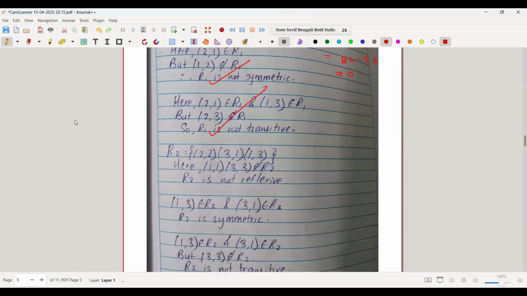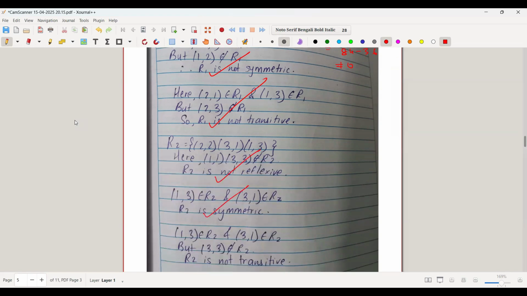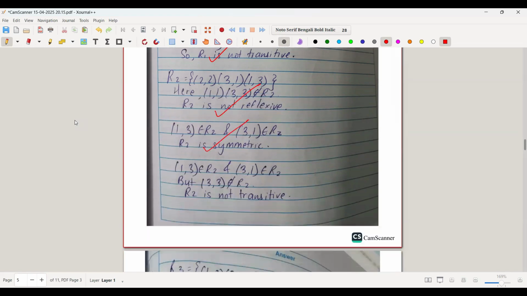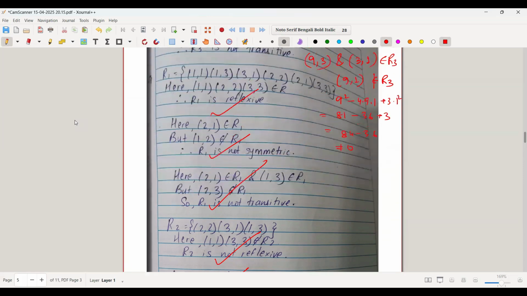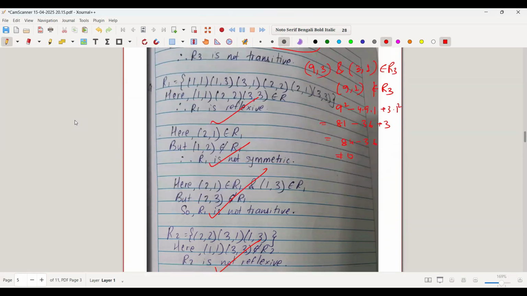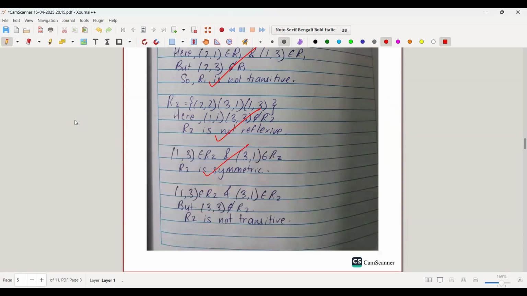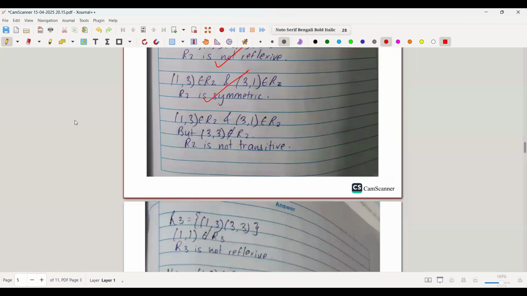R2 is not reflexive, it is symmetric, it is not transitive. 3 comma 3 is also not there, and 1 comma 1 also not there.